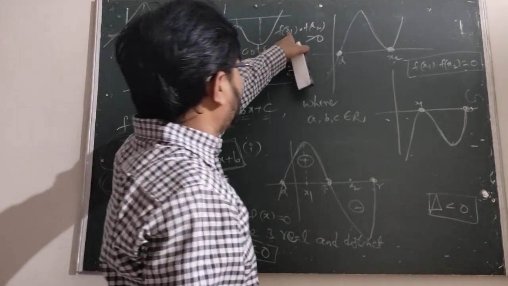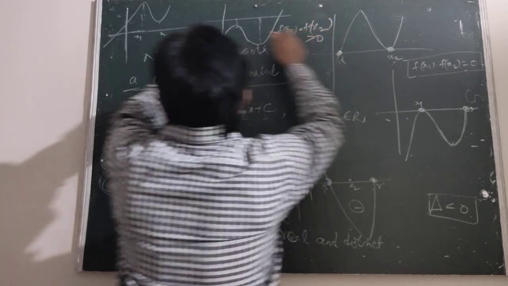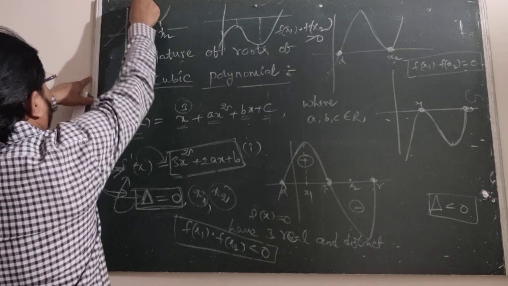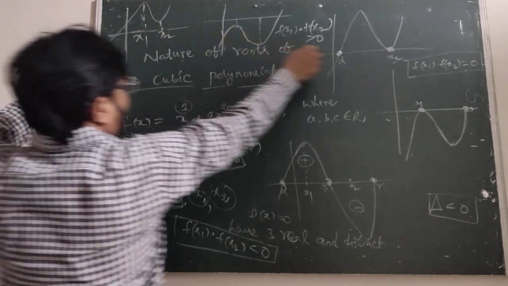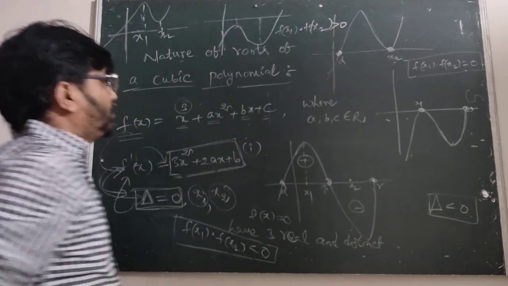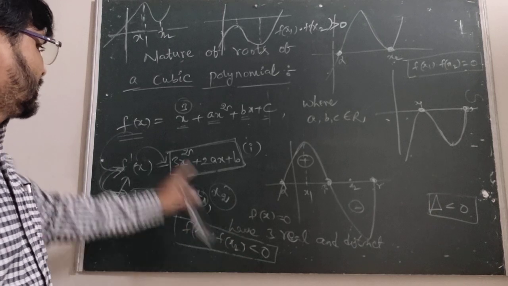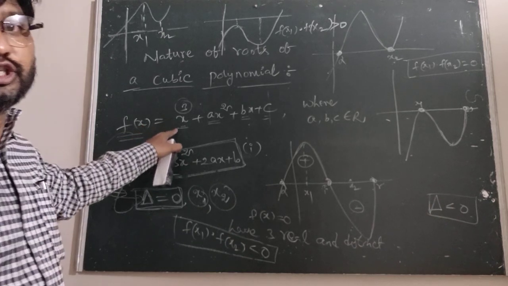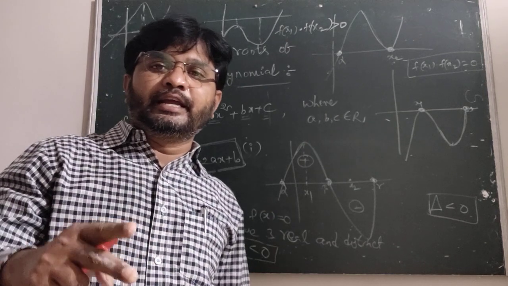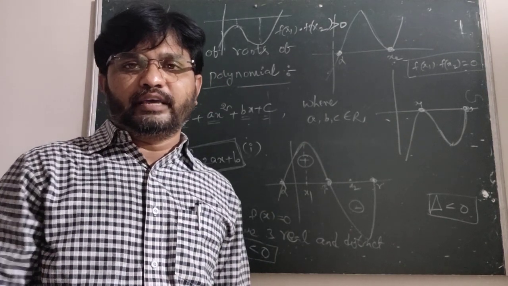This is the x1, this is the x2. Therefore, f of x1 into f of x2 is greater than 0. If f of x1 into f of x2 is greater than 0, then f of x equal to 0 has one real root, and the remaining two are imaginary roots.